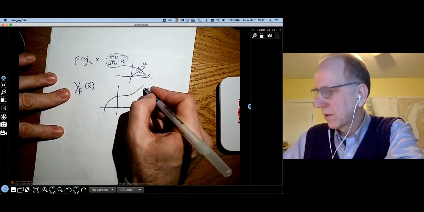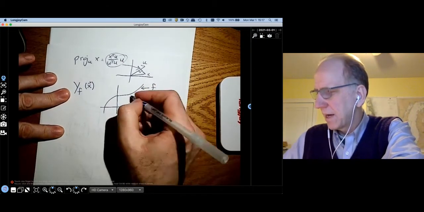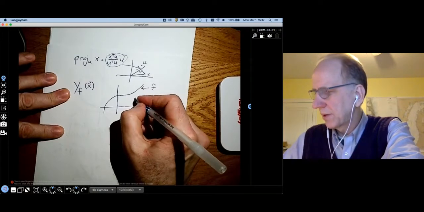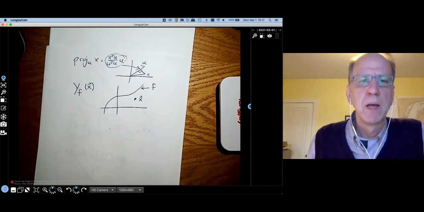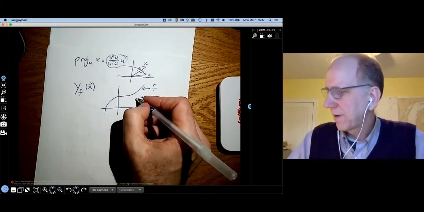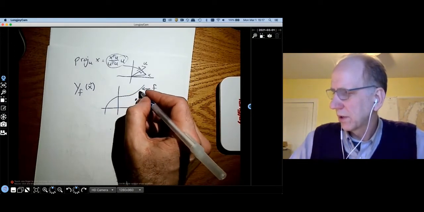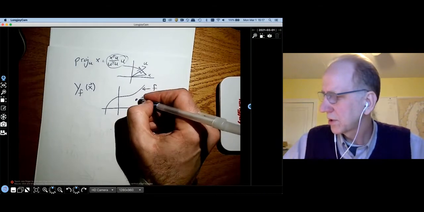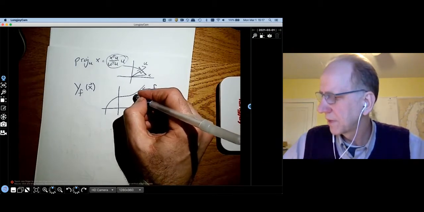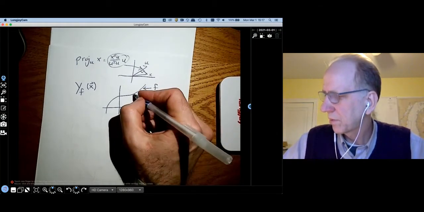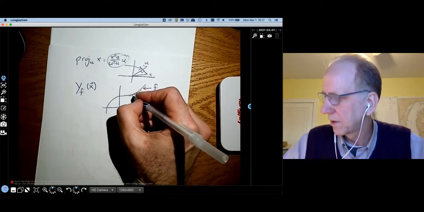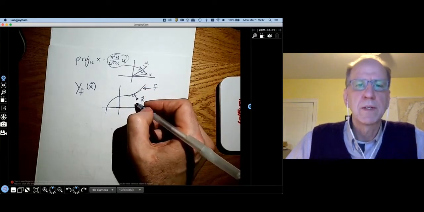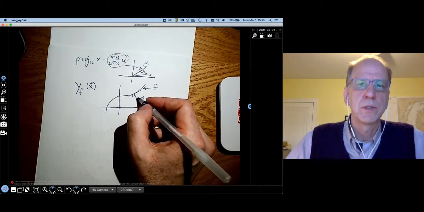So this is my curve f, and I've got some point out here, which is this vector x. Now, I want to find the point on the curve which is closest to x. And so I'd like to find the point where I have a tangent right here. So here's my tangent line that is closest to this.